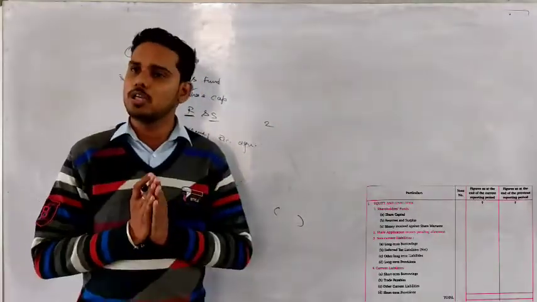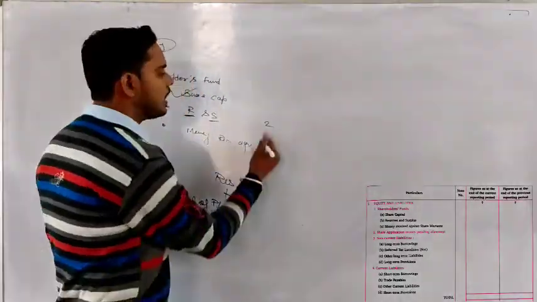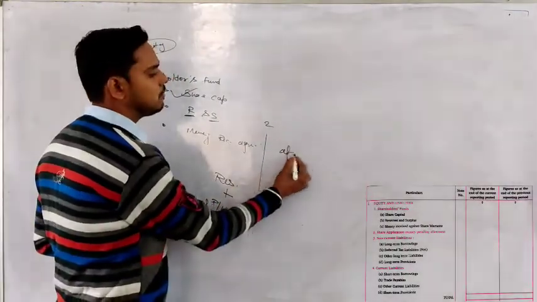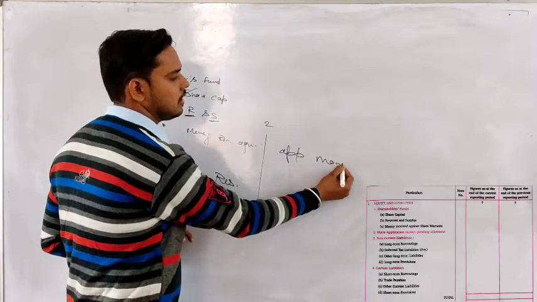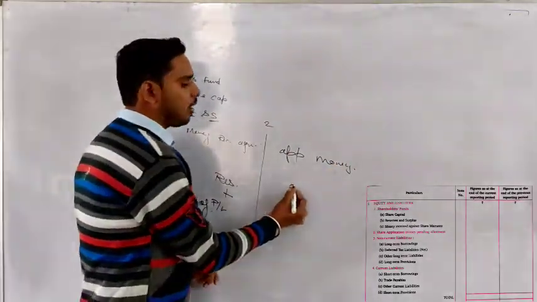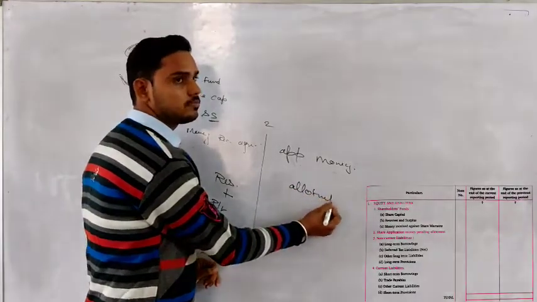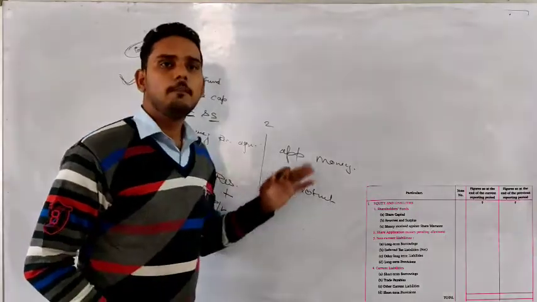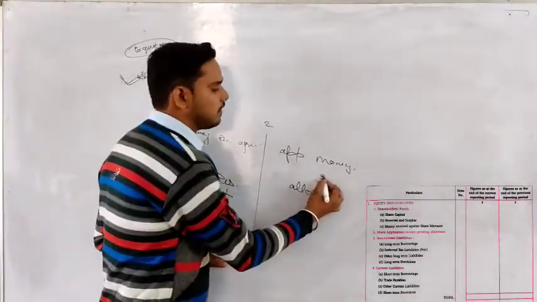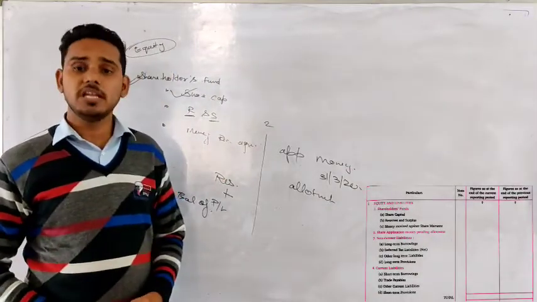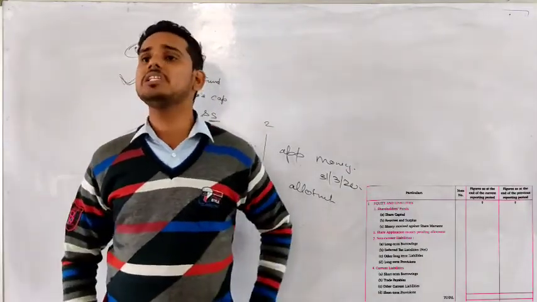Firstly, the company will receive application money. If the company wants to issue any share, what will the company do? The company will firstly invite the public, then the company will receive application money. Right? Now the company is going to make the allotment. But let's suppose before making the allotment, 31st March comes. So the company needs to prepare the balance sheet, right?